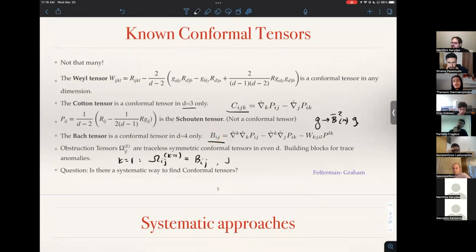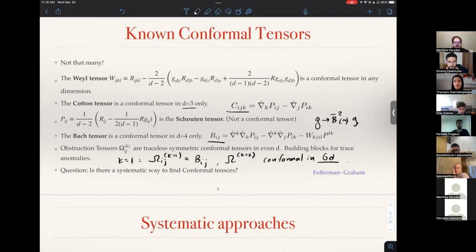But for k equals 2, I won't describe the formula, it's very complicated, but it will be a conformal tensor in 6D only. And so on. For k equals 3, it will be a conformal tensor in 8D. There is some general definition given by Fefferman and Graham, which I'll explain a little bit later, but these are important tensors.